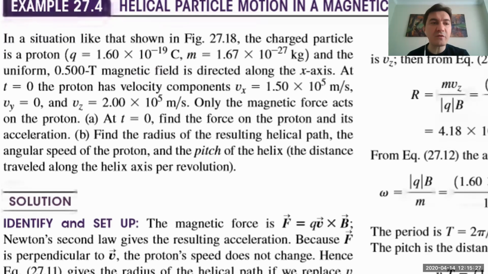Only the magnetic force acts on the proton. There are no other forces. So now at time t equals 0, find the force on the proton and its acceleration. And then find the radius of the resulting helical path, the angular speed of the proton, omega, and the pitch of the helix, the distance traveled along the helix per revolution.